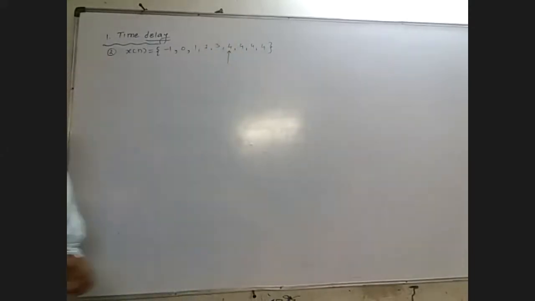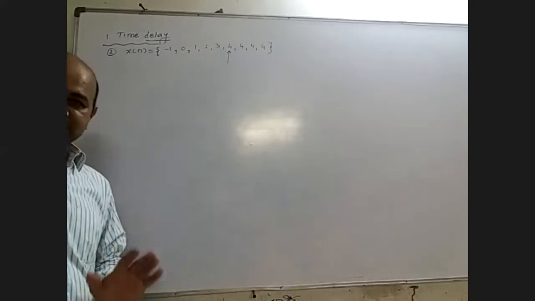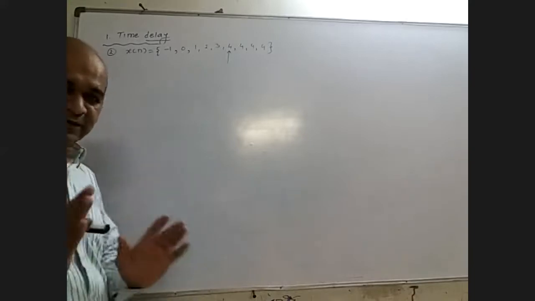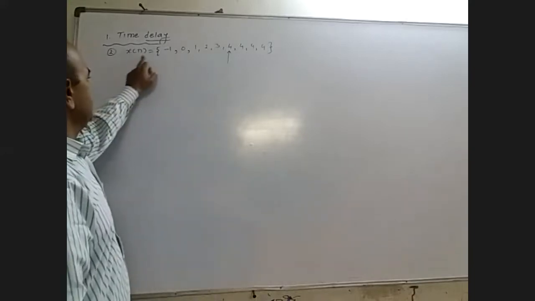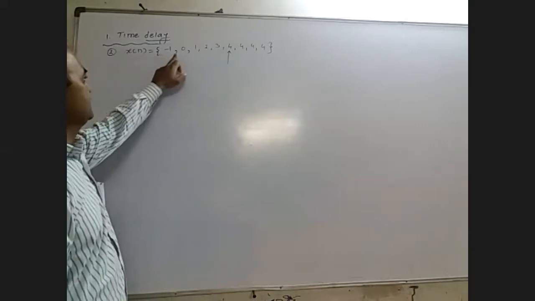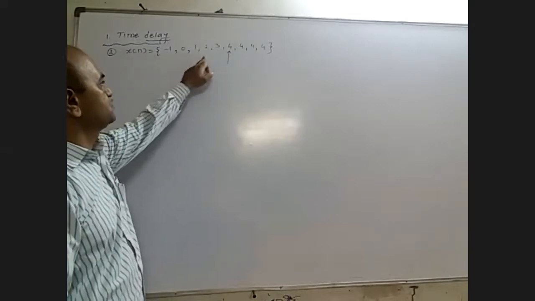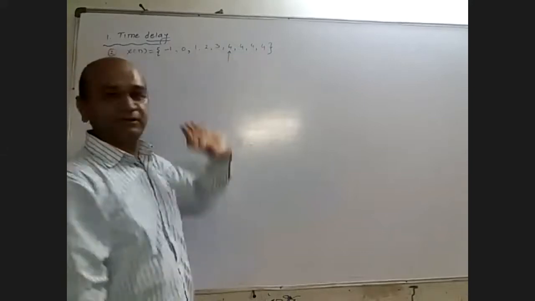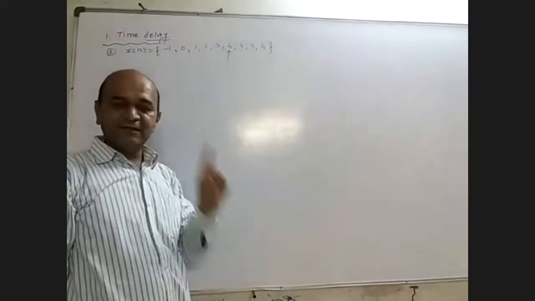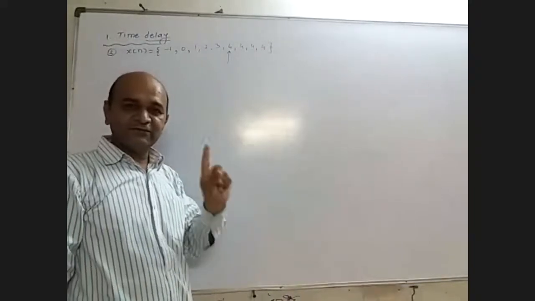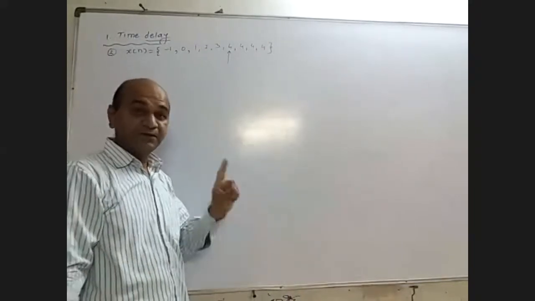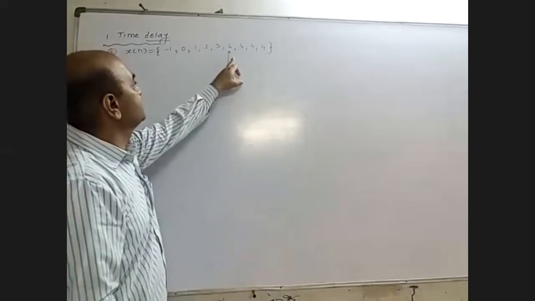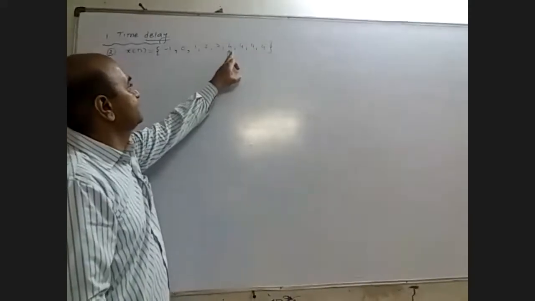Now x of n is given like this. Here I am reading it. X of n is equal to -1, 0, 1, 2, 3, 4, 4, 4, 4. In the last problem, the origin point was not given. Now remember, the origin point is given, the arrowhead mark is given over 4.